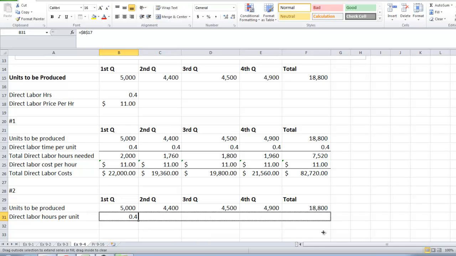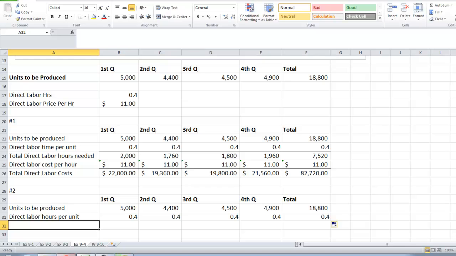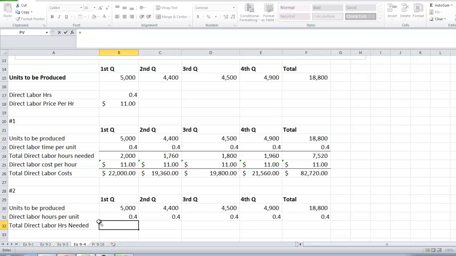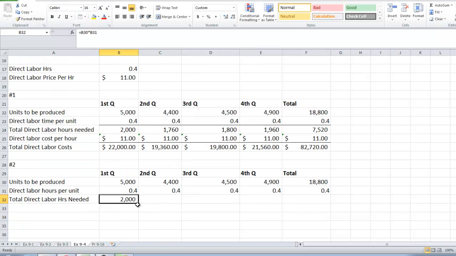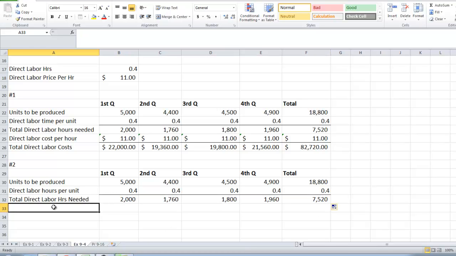So far, setup is the same. So now this is the total direct labor hours needed. And we multiply units times the required hours. Okay. At this point, we have the number of hours.